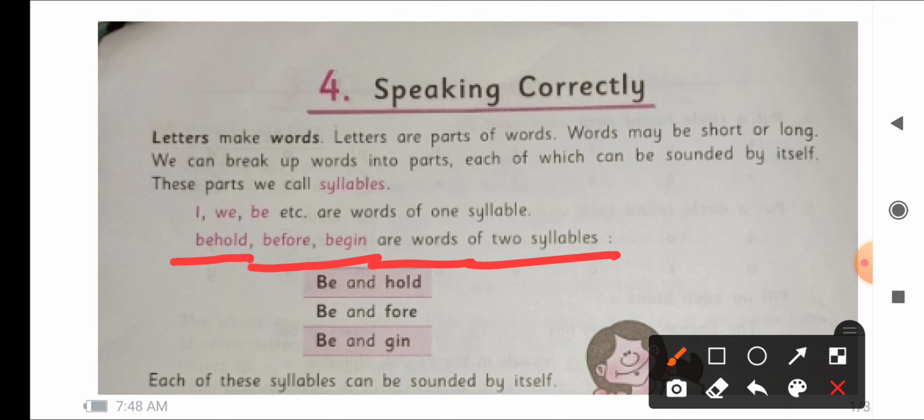See, we'll try to understand again. See here. Here I is written, here V is written, B is written. Okay, these are words of one syllable.